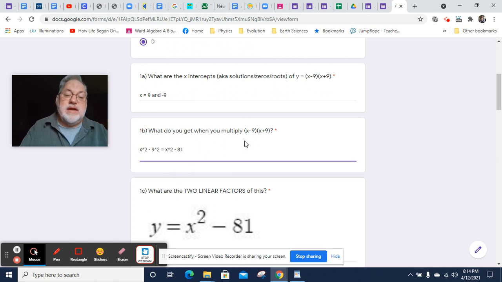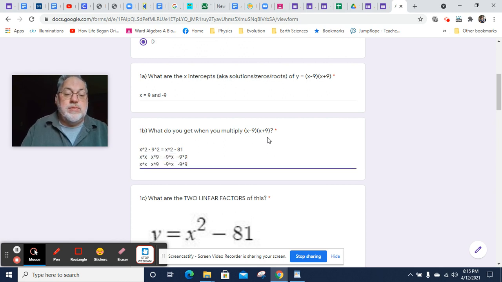I'll still have an x times x. I'm going to have an x times 9, and then I'm going to have a negative 9 times x, and then I'll have a negative 9 times 9, and we can organize all that information. x times x becomes x squared.